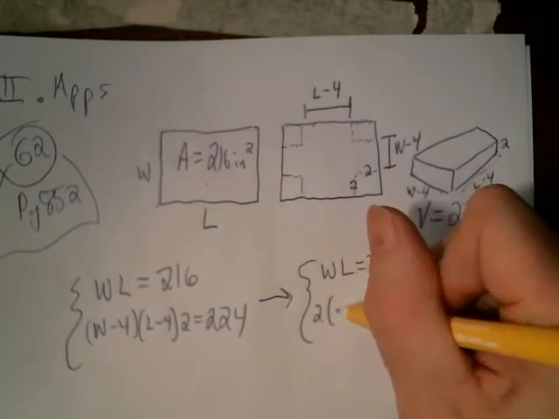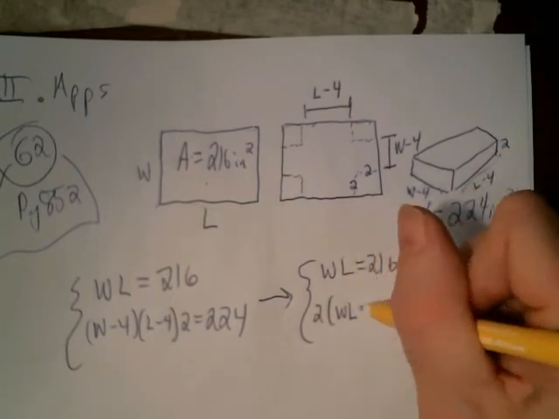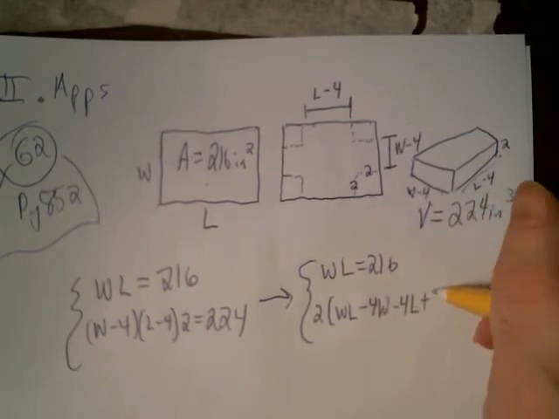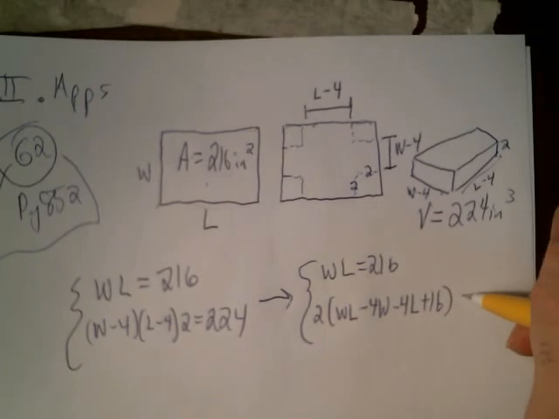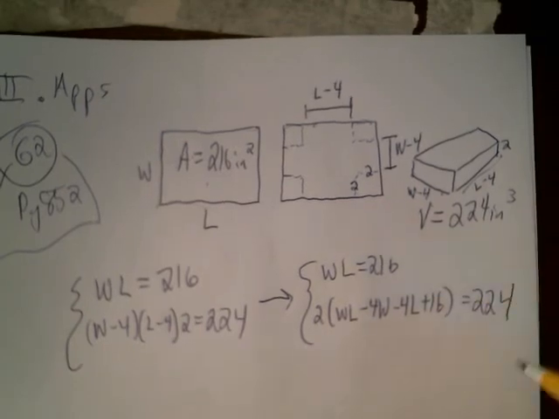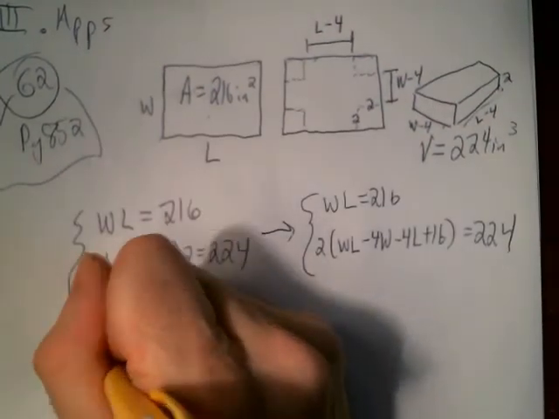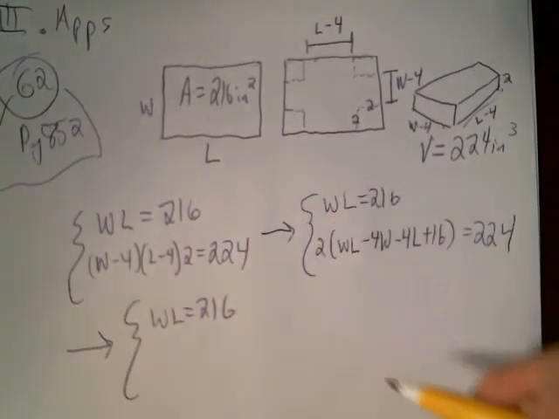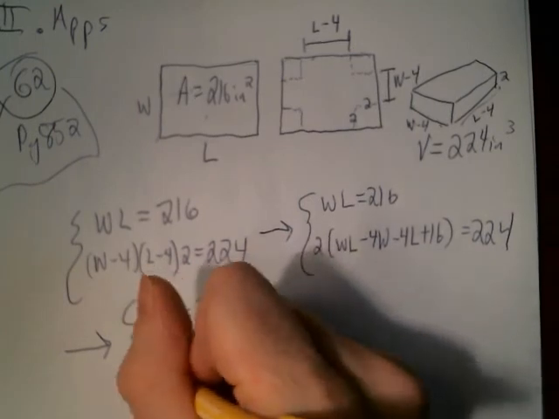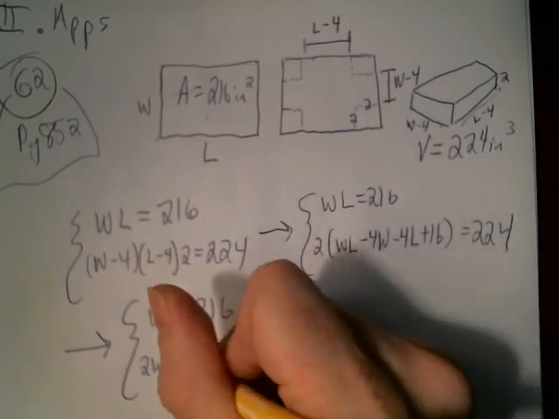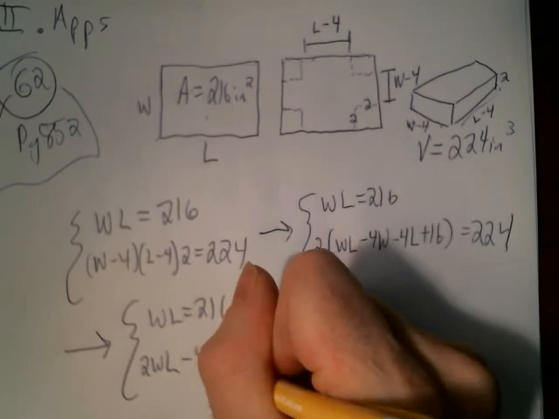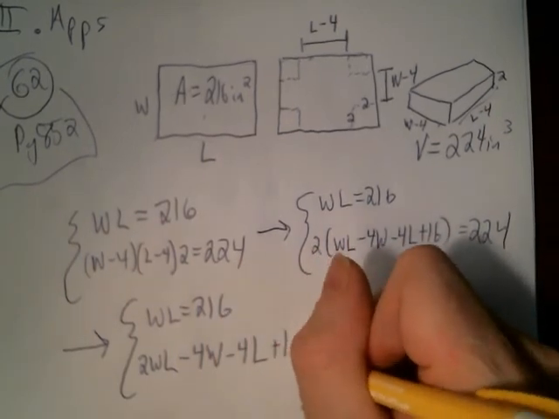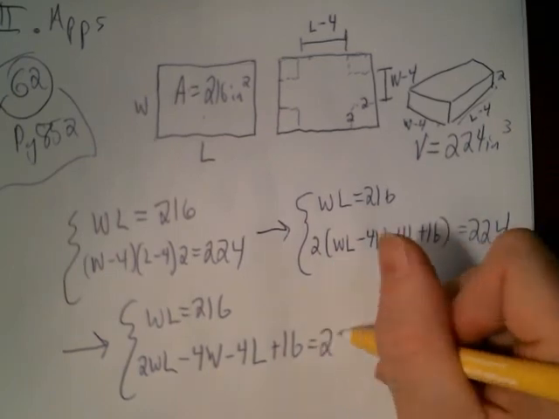So I got 2 times WL minus 4W minus 4L plus 16 equals 224. So 2WL minus 4W minus 4L plus 16 equals 224.